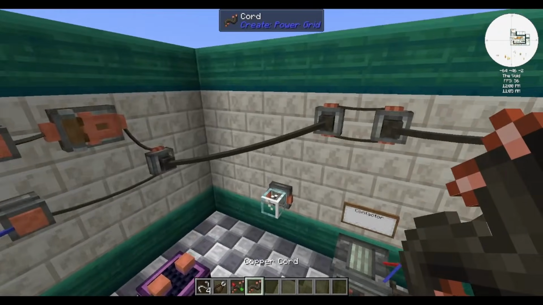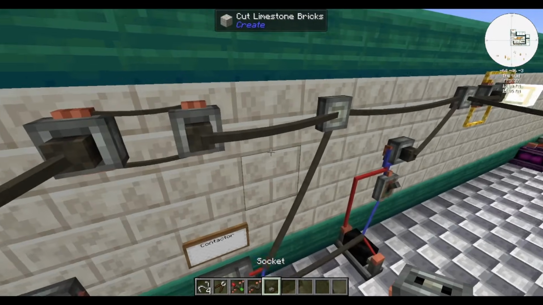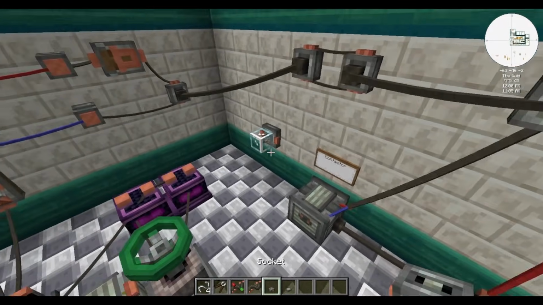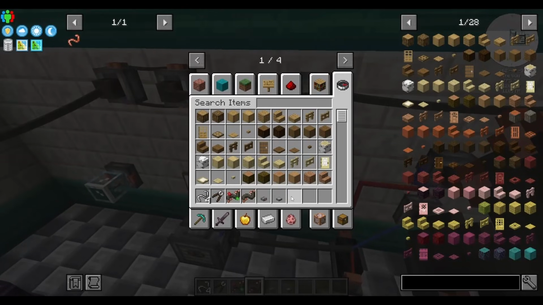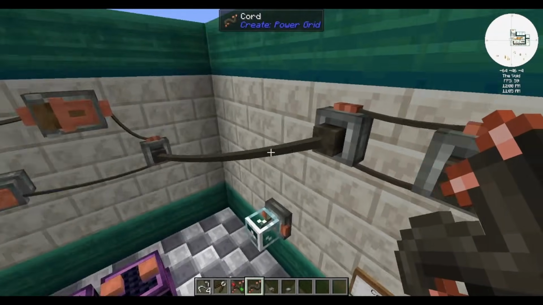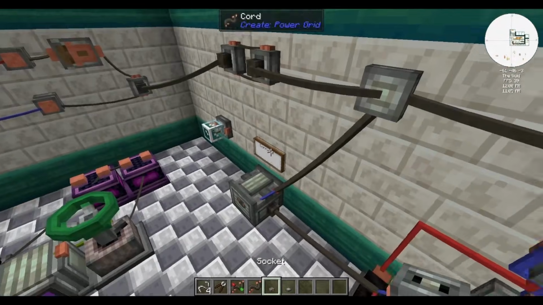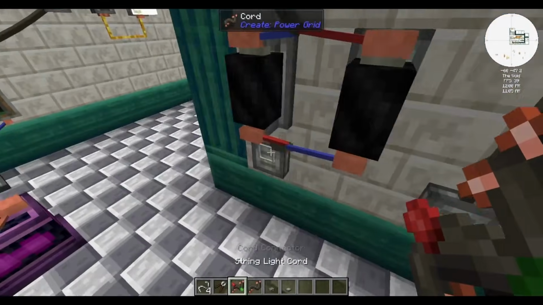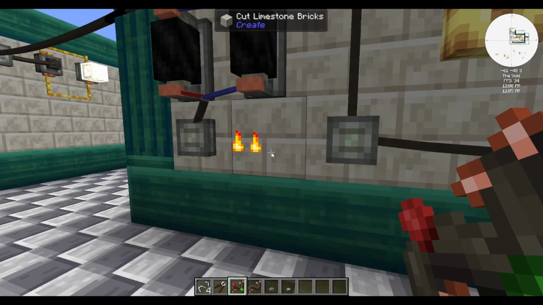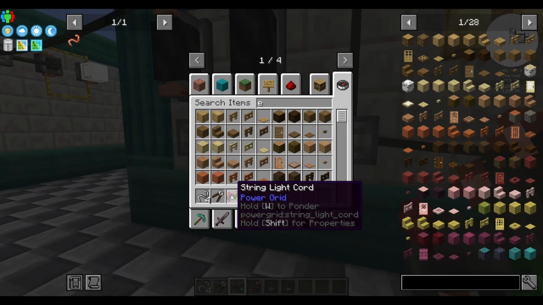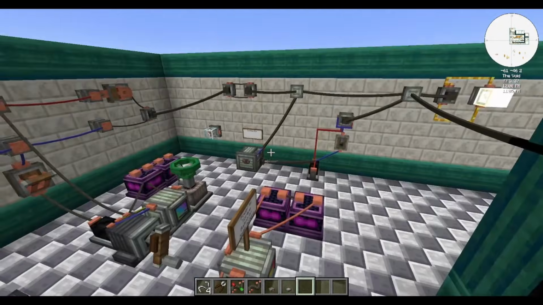Now these thicker wires you can see connecting to these plugs and sockets and junctions are called cords, which let you carry two wires using a single cable, which is pretty neat. You can also use these string lights, which are very sensitive to voltage and provide a little bit of light power.